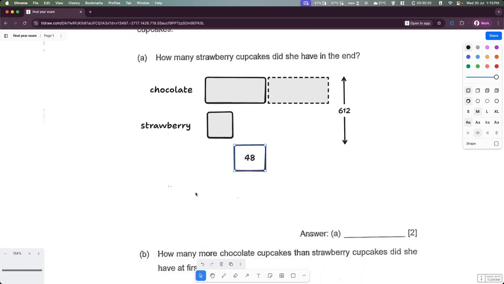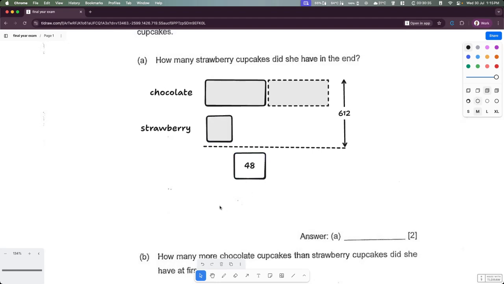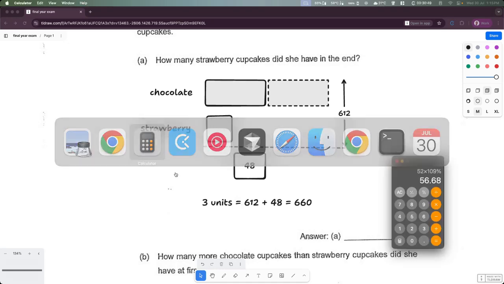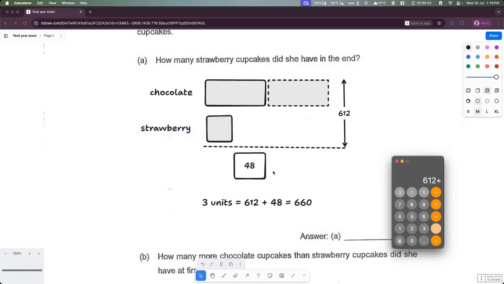So 3 units is equal to 612 plus 48, and this should give us 660. Let's double confirm with our calculator. 612 plus 48 will give us 660.